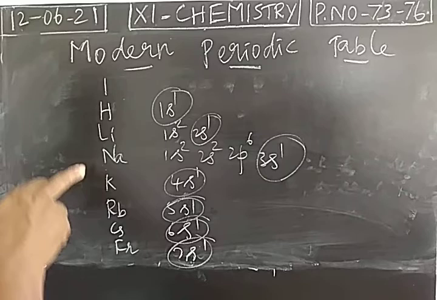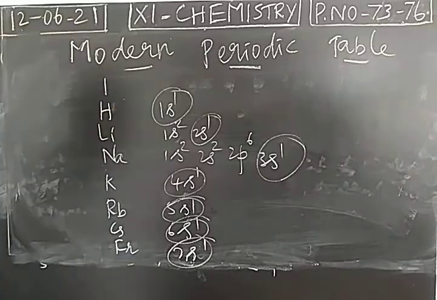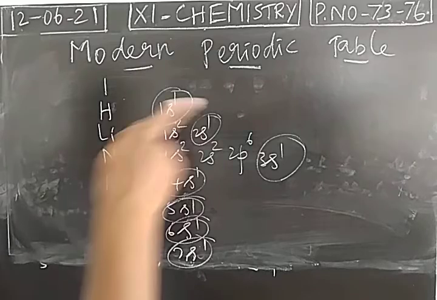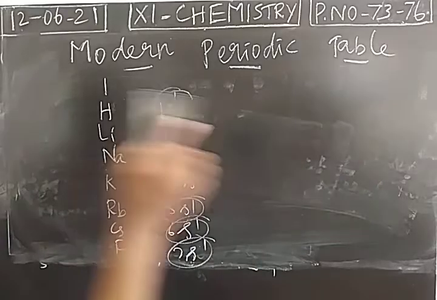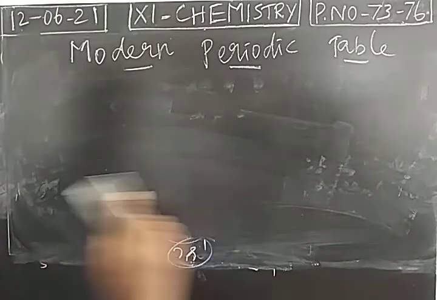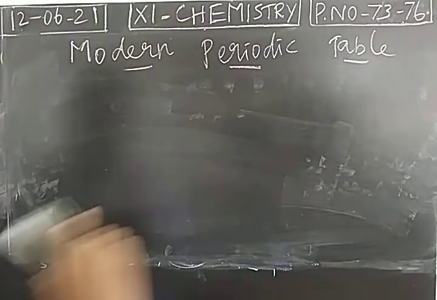So why do we place all these elements in group number 1? Because these elements have similar outer electronic configuration, so their properties will be the same. So the modern periodic table is constructed with the help of increasing order of atomic number and electronic configuration. For all 118 elements, you can write electronic configurations.